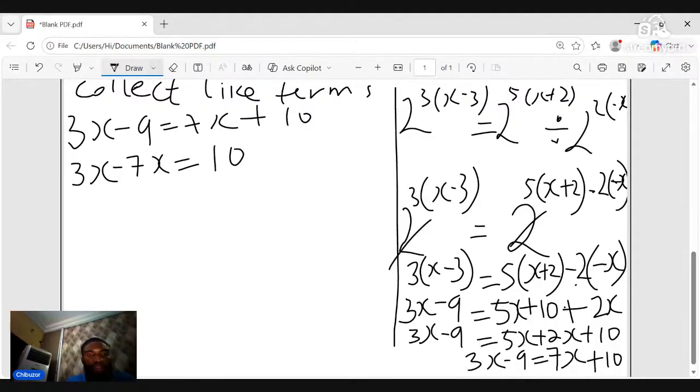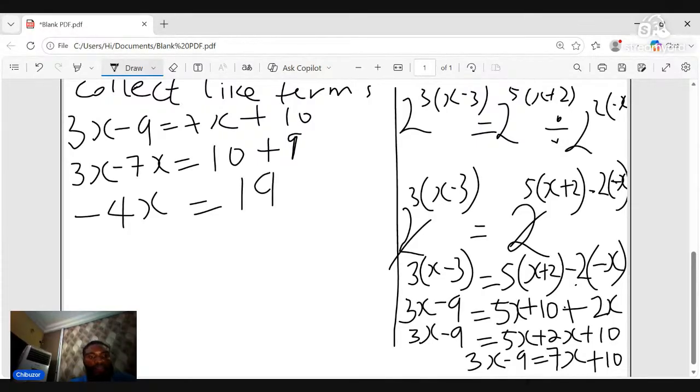Minus 9 will cross over to this side and it will now become plus 9. So here we have 3x minus 7x will give us what? Minus 4x is equal to 10 plus 9 will give us 19.